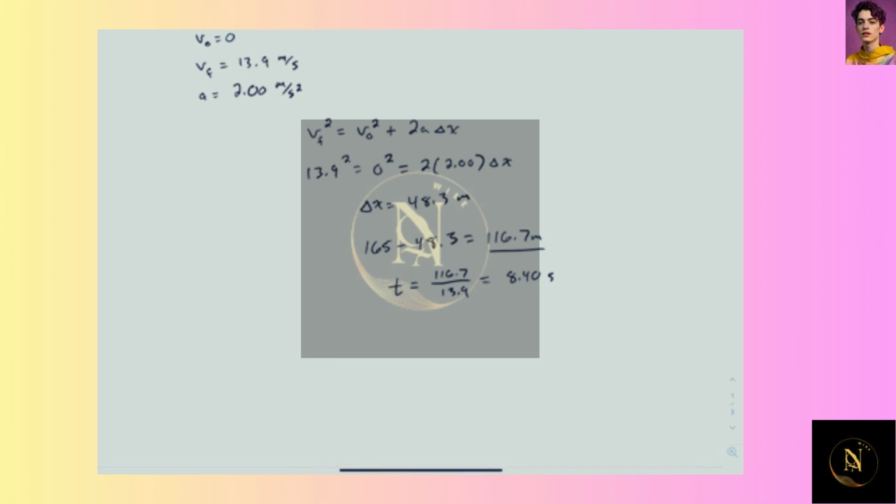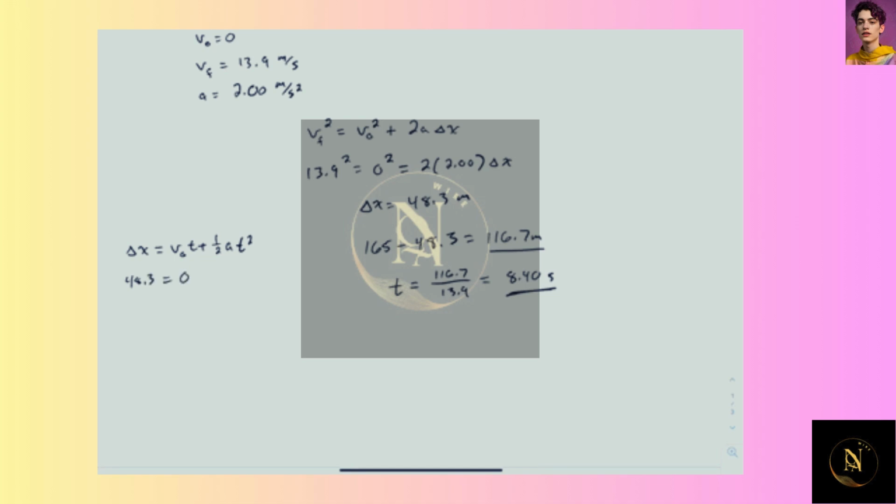Now we also need to figure out the time it took for the first part. This is the time it took for the constant velocity, and now we want to figure out the time it took during the acceleration, and then we'll add them together and see if it makes it. We can get it from this equation. So our delta x we went is 48.3.